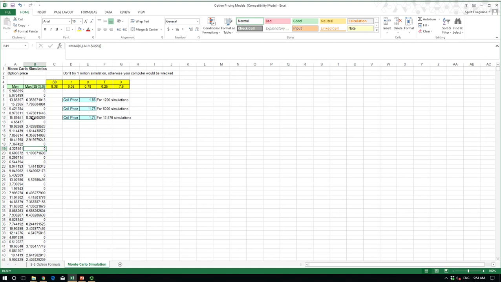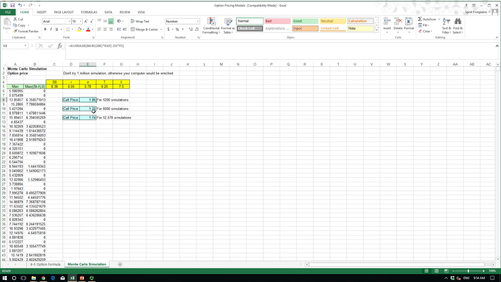Once they get all those payoffs, they simply take the average and do discounting to get a call option price. For this option, let's say the stock price is $8.38. And in this yellow box, you put all 5 variables: stock price, risk-free rate, standard deviation, time to expiration, and exercise price.